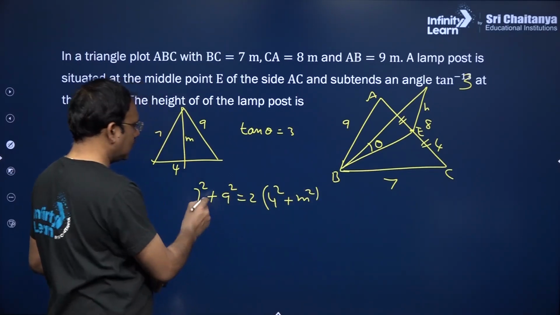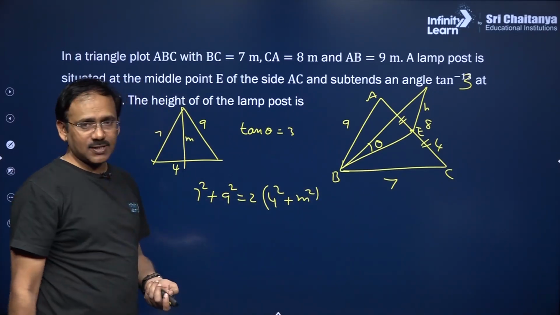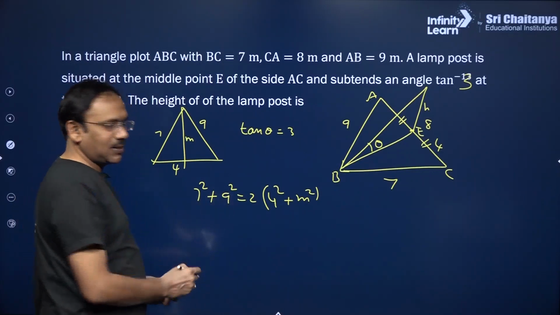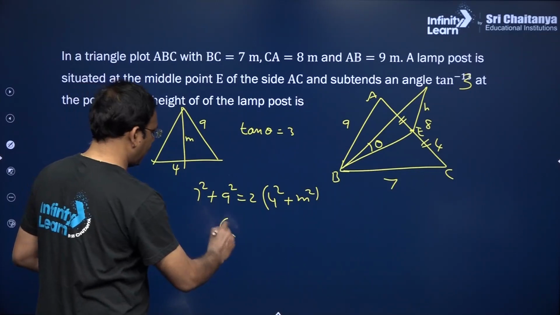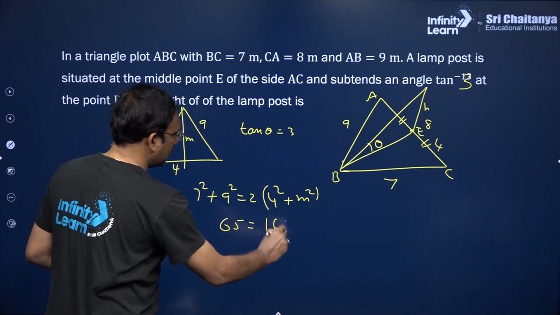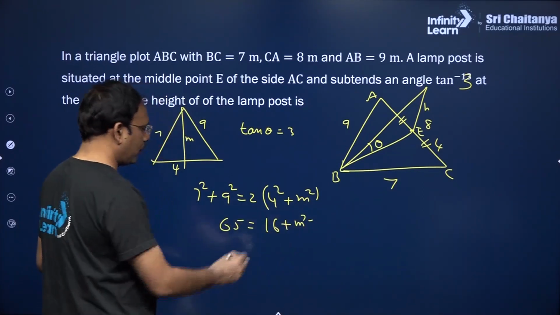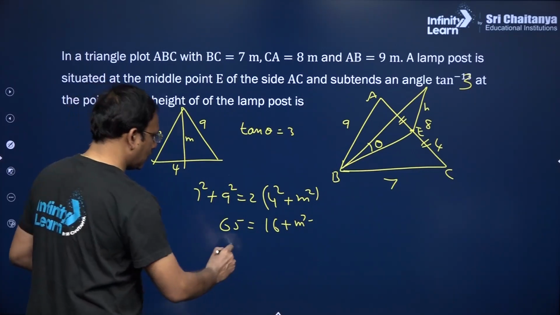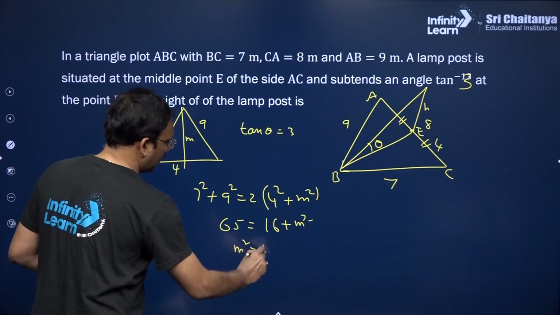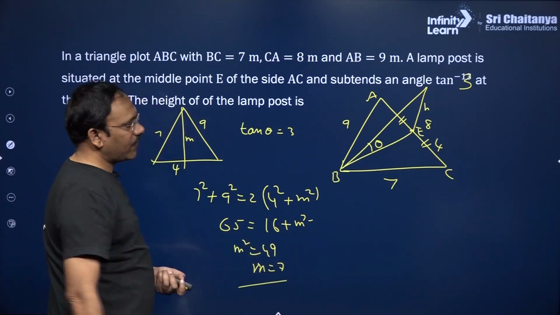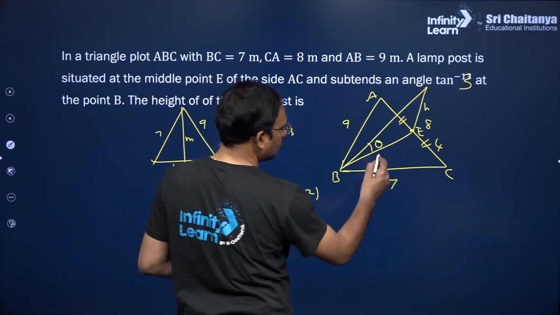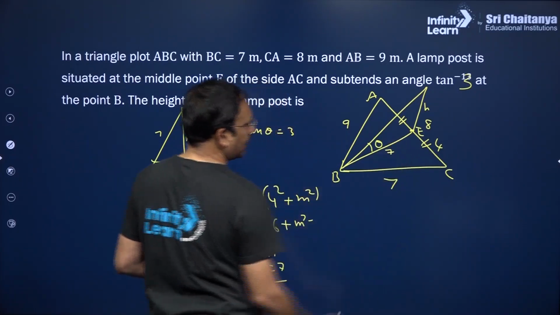This is 81 plus 49, 130. So 65 is equal to 16 plus M square. So M square is equal to 49, so M is equal to 7, my dear friends. If M is 7, so this length is going to be 7.